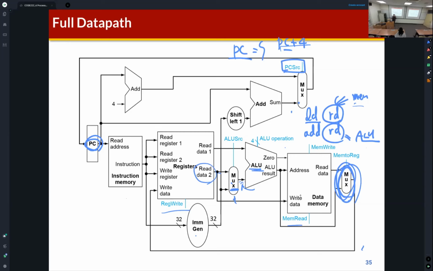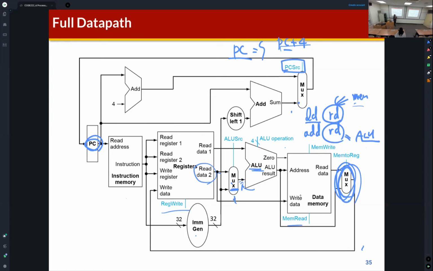Data are read from the memory, processed by hardware like the ALU, the arithmetic logical unit, and then the computed results are stored to the memory or register file.